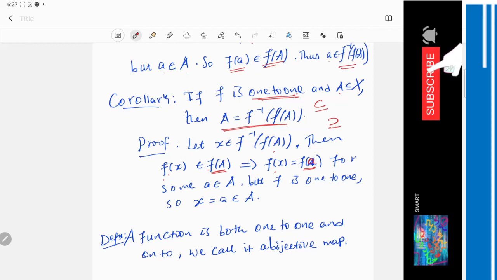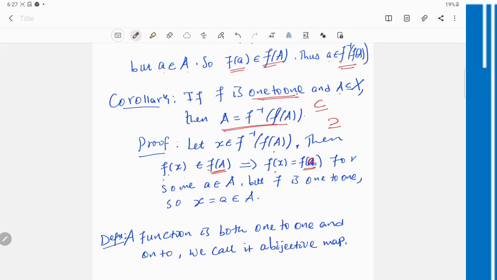But we said that f is 1 to 1, so that means this one equals this one, which means x equals a, which is in A. So we are done.